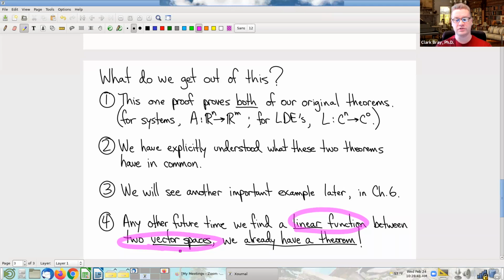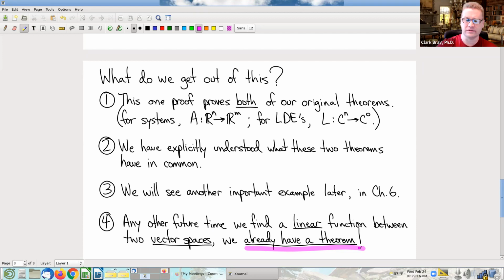We first talked about this with just vector spaces alone, right? We've proved theorems about vector spaces in the abstract and found that spares us having to prove them again for future situations that we encounter. Same thing here. That's really the power of abstraction: it allows us to do something once and never have to do it again, and yet still be able to use it in all future situations that we encounter. So that is very likely to happen. You will encounter things in your futures that are linear, and good news, again, you already have a result here.